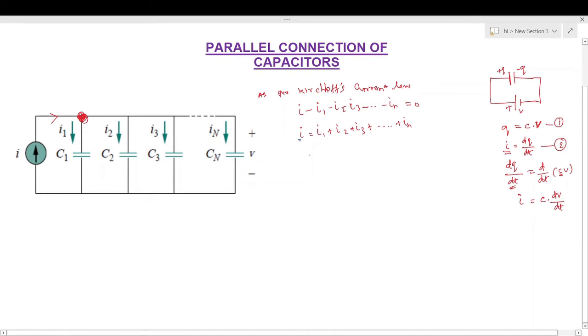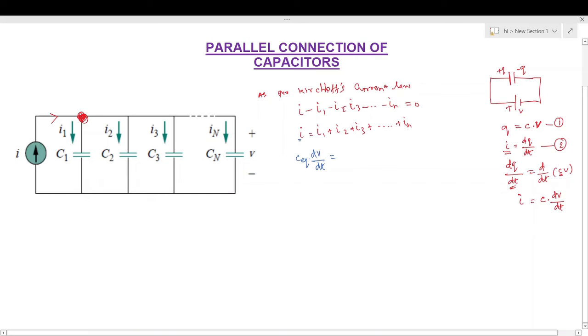Now I is the current delivered by the source. For that I can write C equivalent, since I don't know the value of capacitance, so I'll write C equivalent into dV by dt, as voltage is constant, which is equal to I1. I1 is the amount of current flowing through C1.